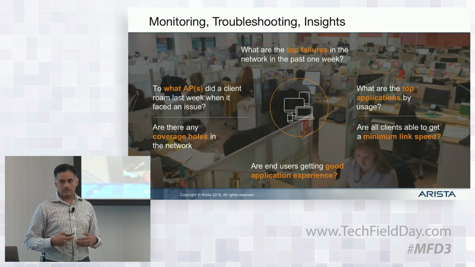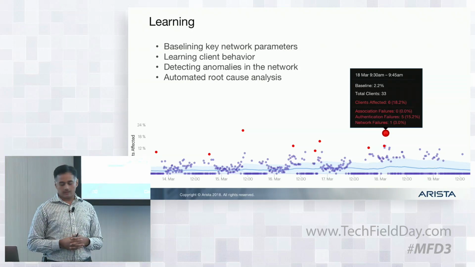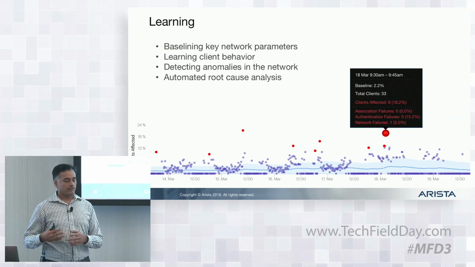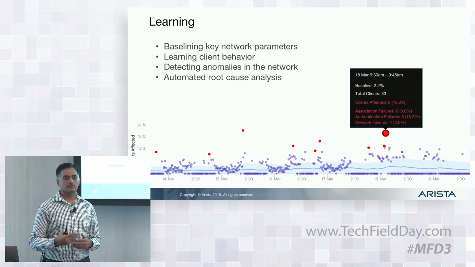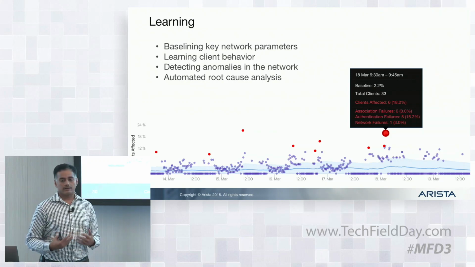So this is one part of the whole availability of a big data platform and the real data set that comes with it. The other part is actually learning. Learning is usually compute intensive, however with the availability of a big data platform and, more importantly, the real data set from the customers, learning algorithms can be applied to baseline key network parameters, understand how they are trending, learn client behavior to make sure that the actions taken by the system towards the clients are in tune with their behavior, detect anomalies in the network, and even automate some of the root cause analysis.